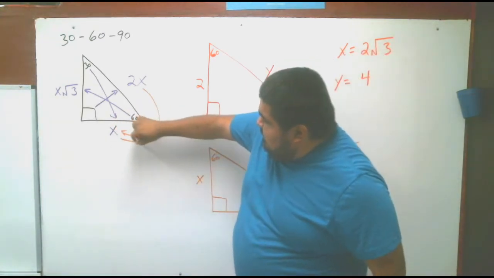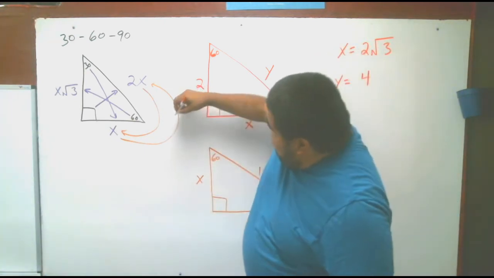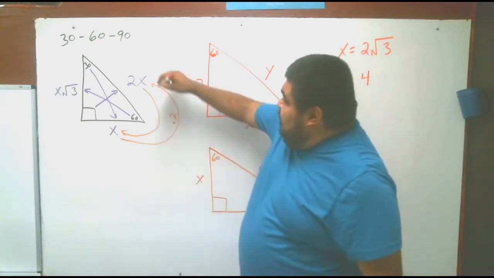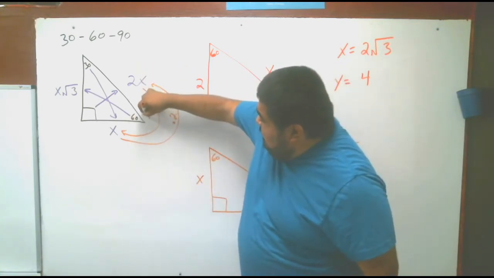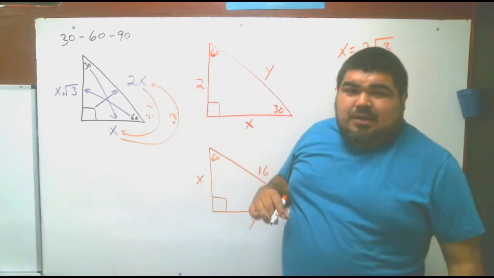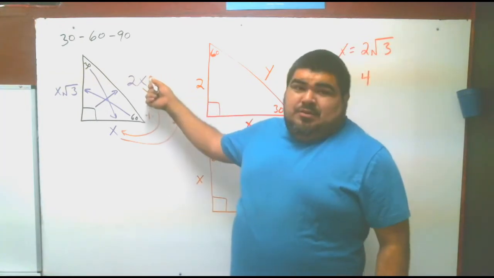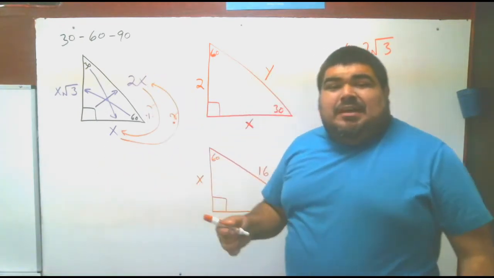Remember, if we go from x to the hypotenuse, we multiply by 2. If we're doing the opposite, going from the hypotenuse to the x, we divide by 2. We do the opposite.